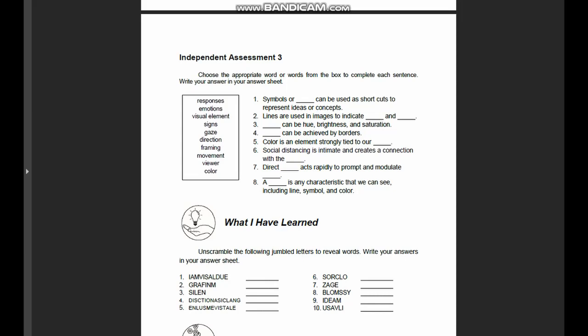Number 1. Symbols or blank can be used as shortcuts to represent ideas or concepts. Number 2. Lines are used in image to indicate blank and blank.